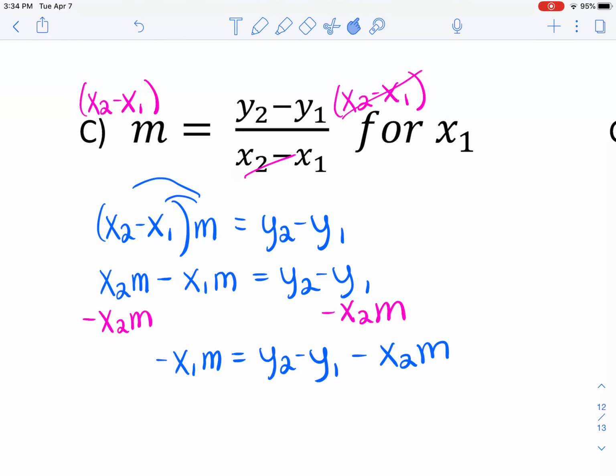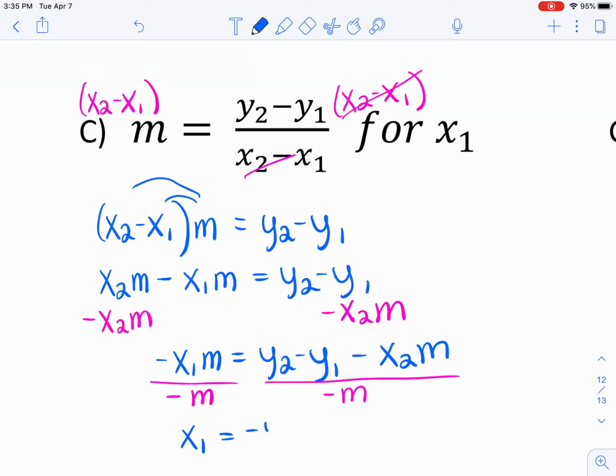Again, we're trying to solve for x sub 1. Right now we're multiplying x sub 1 times negative m. The opposite of multiplication is to divide. So let's go ahead and divide both sides by negative m. When we do that, we finally have x sub 1 isolated on the left. And then if I'm dividing by a negative on the right-hand side, another way of thinking of dividing by a negative is just switching the signs on the numerator.